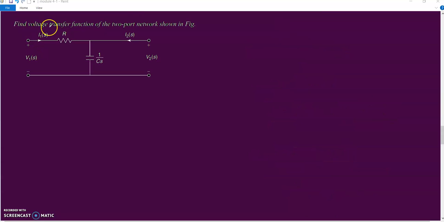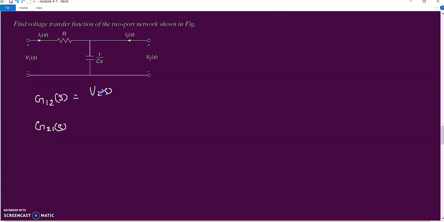Next we have a question. Find voltage transfer function of the two-port network shown in the figure. So here voltage transfer function means G12 of S and G21 of S. That is voltage transfer function.